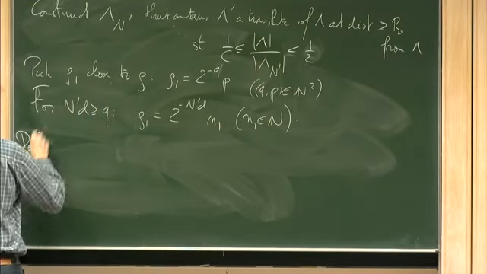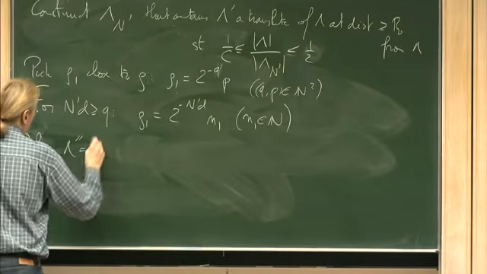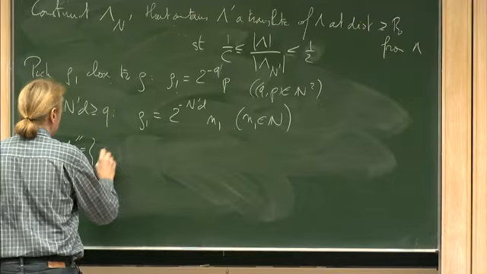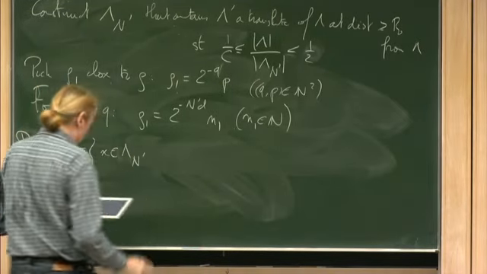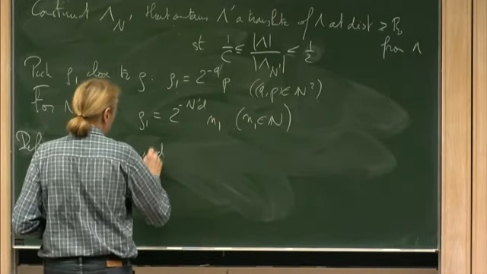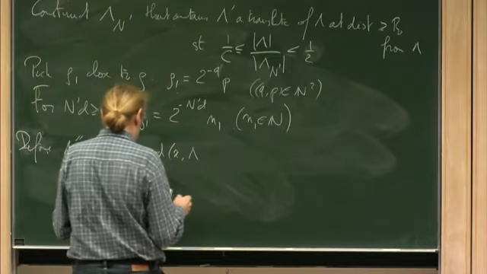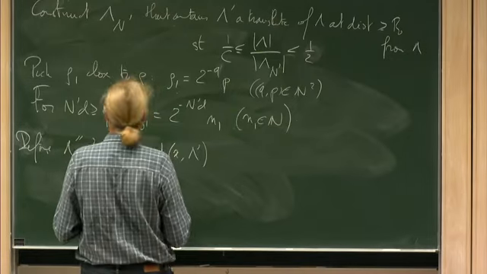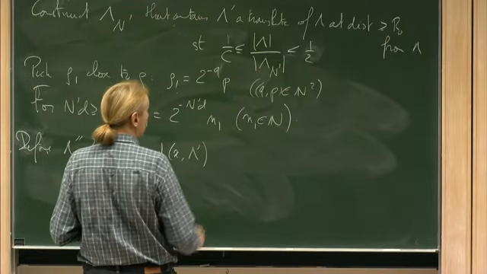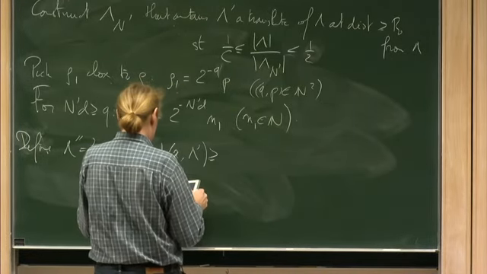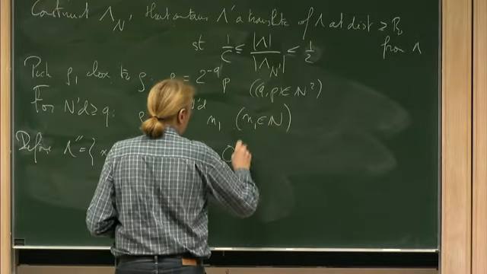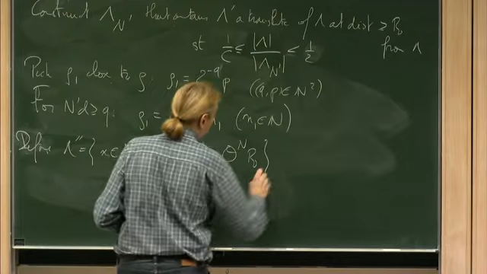And we define lambda double prime. These are just the points in the big lambda n prime, as I said, such that the distance of x to lambda prime is larger than theta n r0.